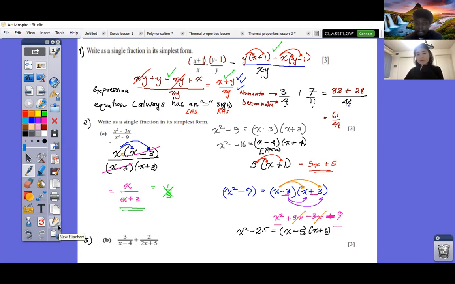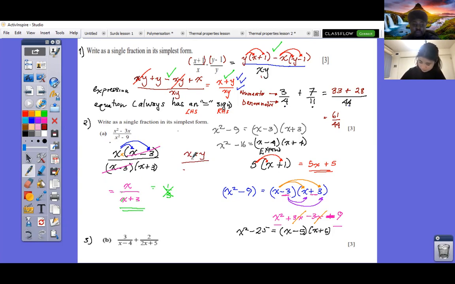So I can only cross them out when it's multiplied? Correct, you're absolutely correct.